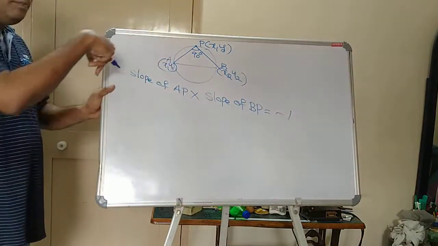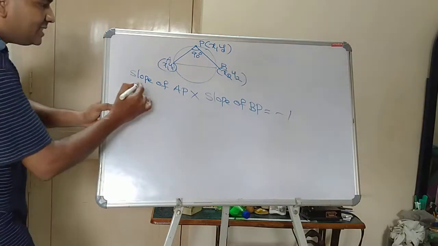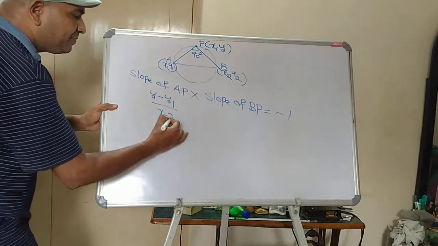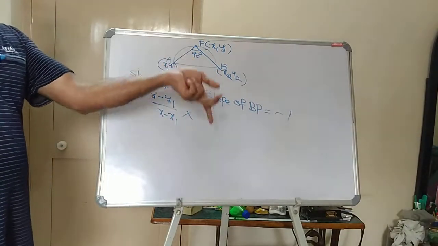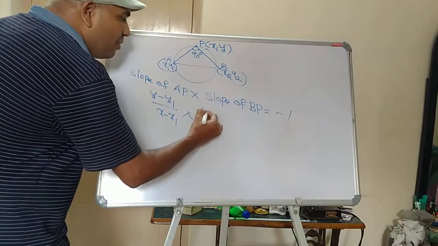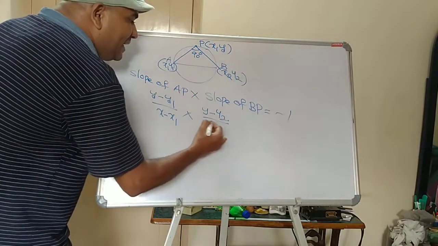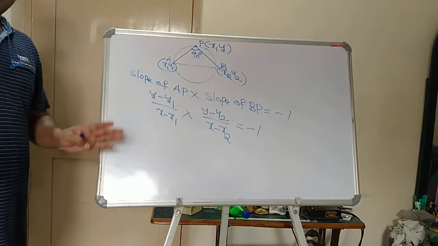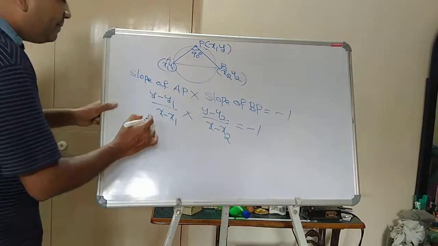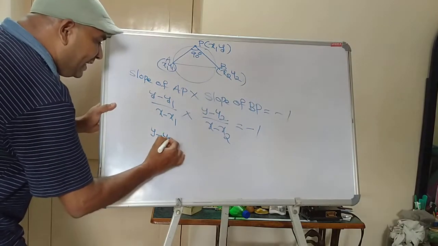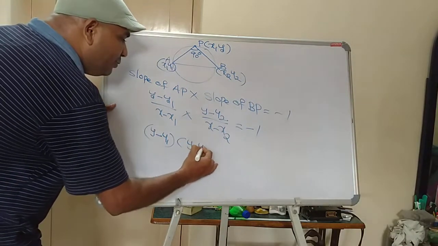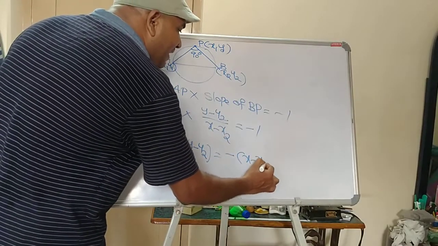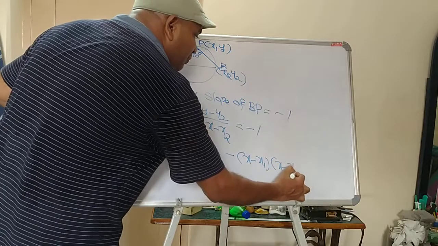Now slope of AP is (y minus y1) by (x minus x1), into slope of BP, that is (y minus y2) by (x minus x2), equals -1. Now cross multiply: (y minus y1) into (y minus y2) equals minus of (x minus x1) into (x minus x2).